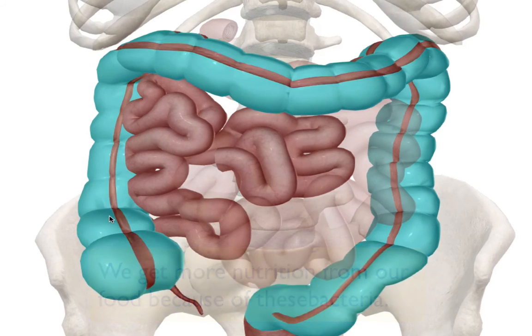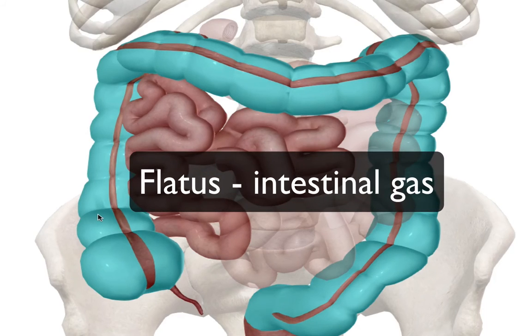They help synthesize, produce vitamin K, vitamin B, and they also produce something that you may not necessarily appreciate: as a process, from the indigestible parts of your food, they also produce gas, intestinal gas, okay, flatulence.